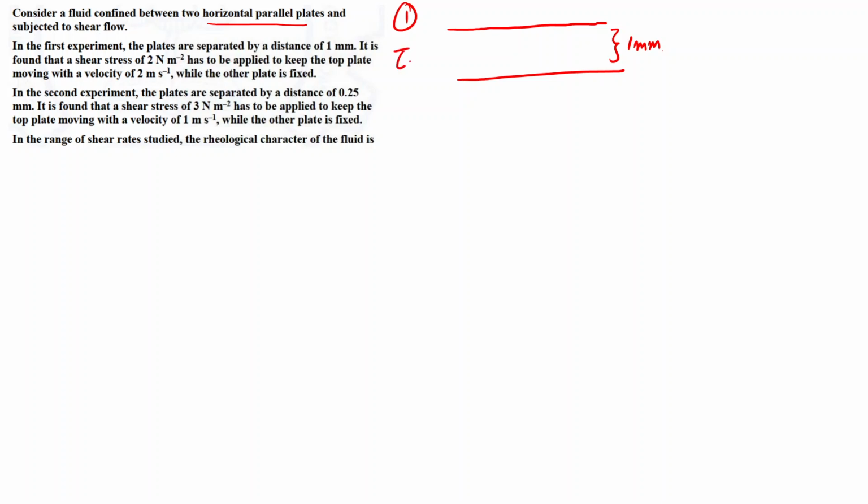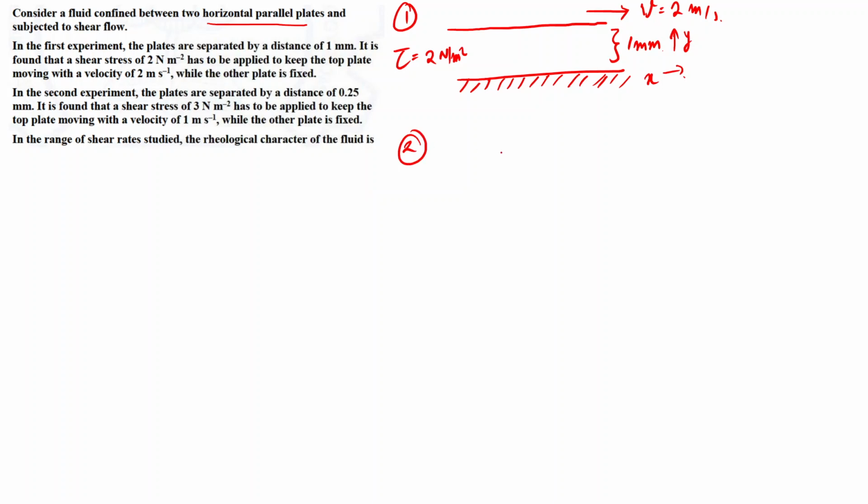So let's say tau we have been given as 2 Newton per meter square. The top plate is moving, whereas the other plate, that's the bottom plate, is fixed. So let's just consider this as fixed. And this plate is moving in, let's say, x direction. This is y direction. The velocity is 2 meter per second.